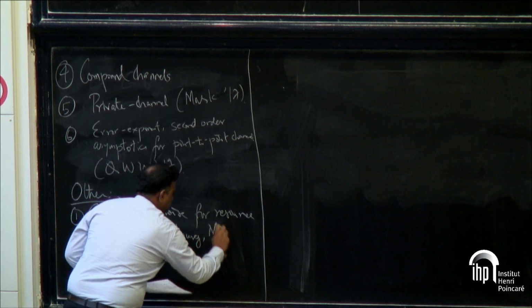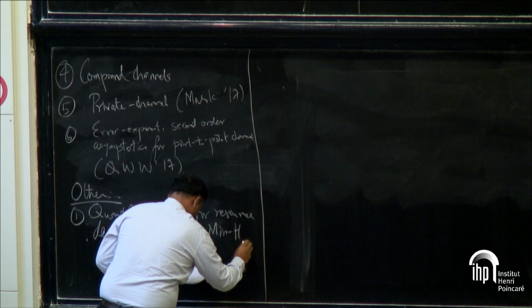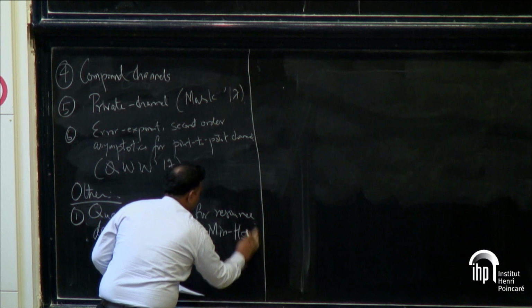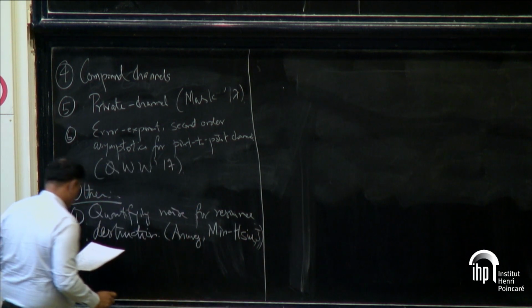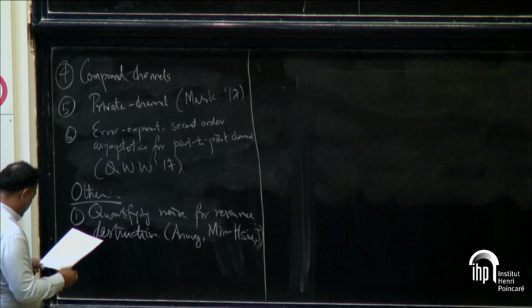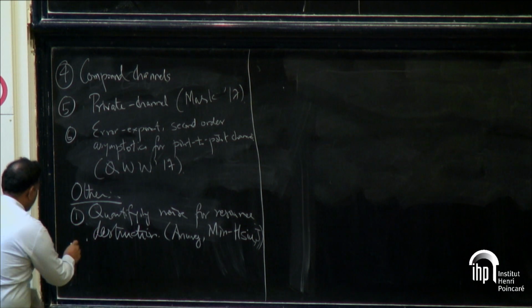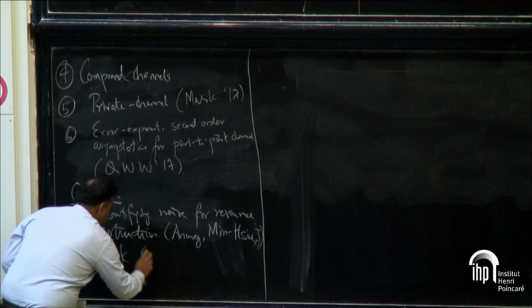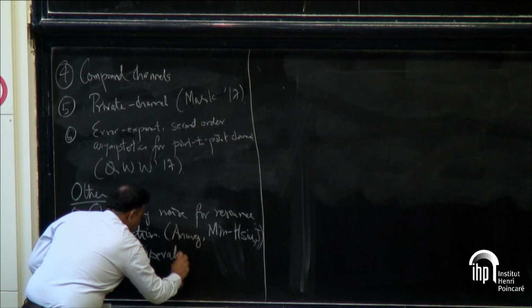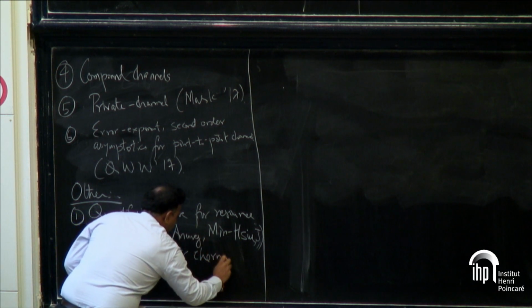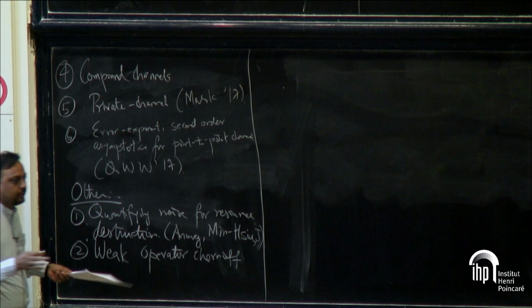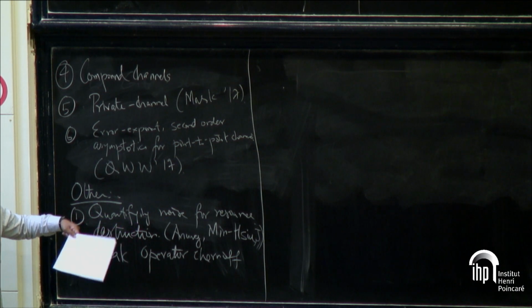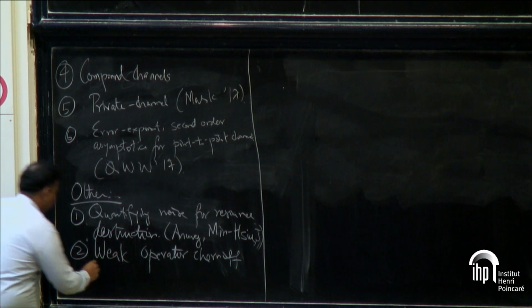Then a version of a weak operator Chernoff can be obtained using this, which is only polynomially fast, not exponentially fast.